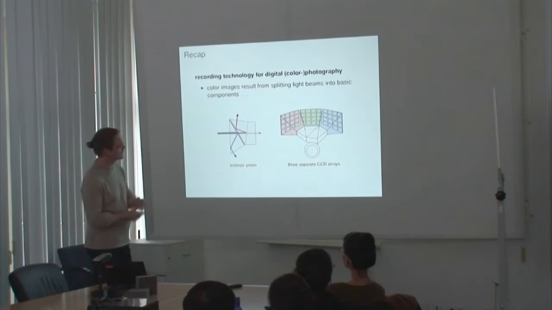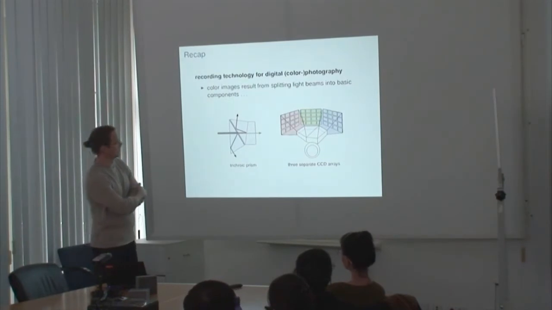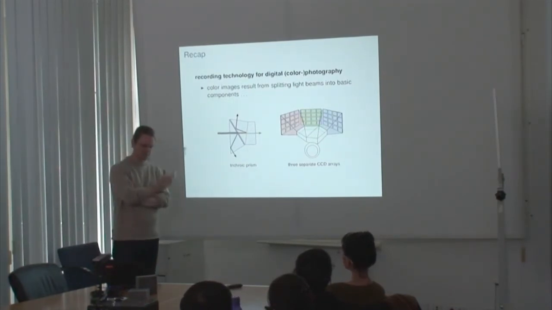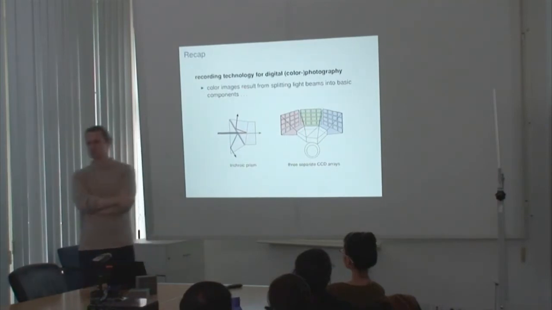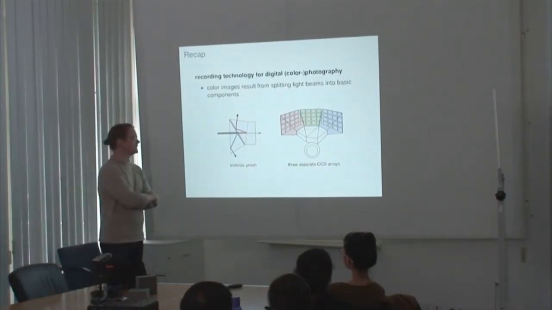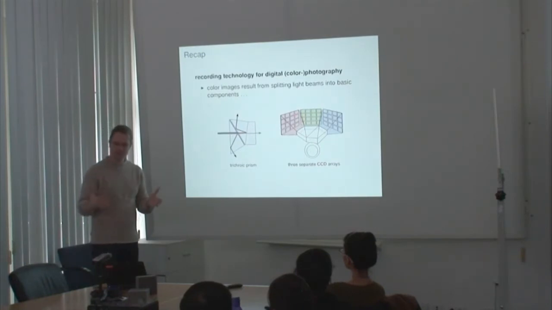And the third one would represent the blue content of the scene. And why this is done in terms of red, green and blue will be discussed in much more detail much later, towards the end of this semester. But color images can be thought of as a superposition of a red, a green and a blue image.